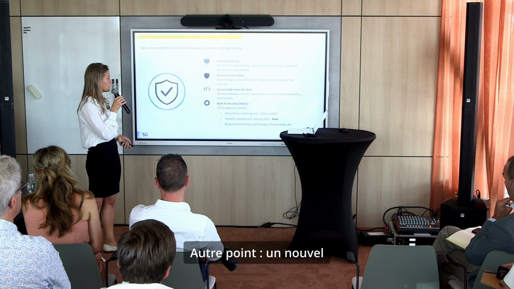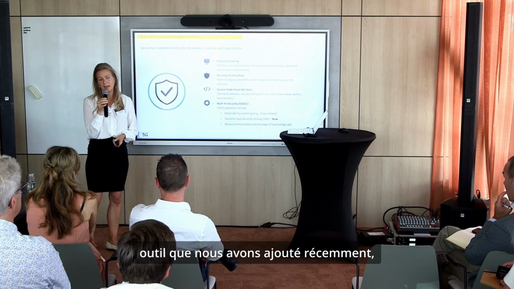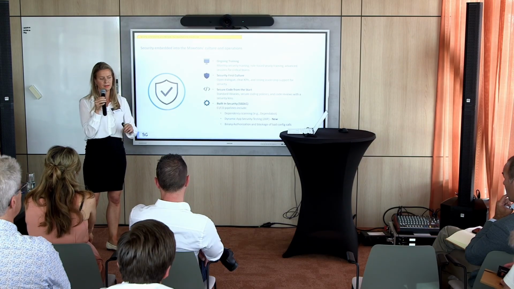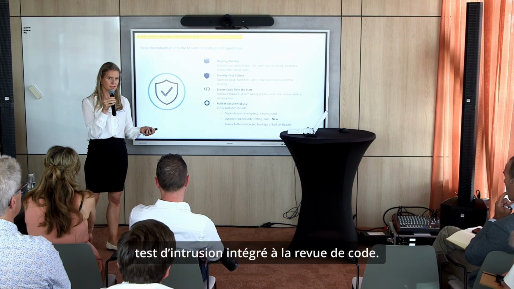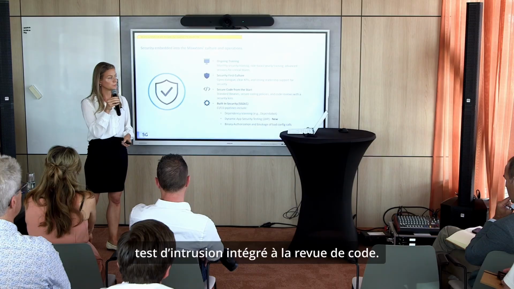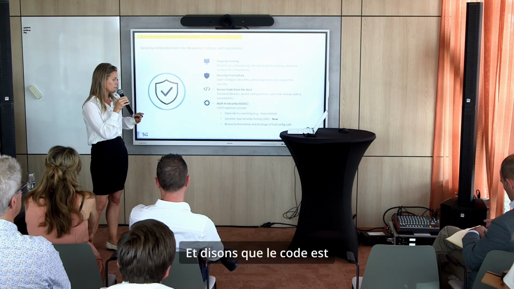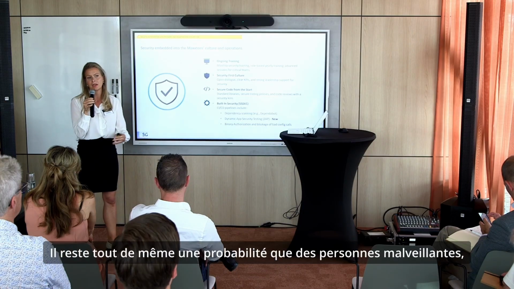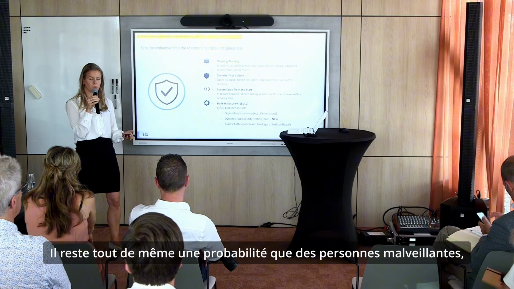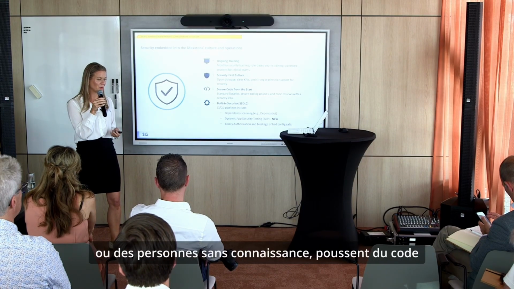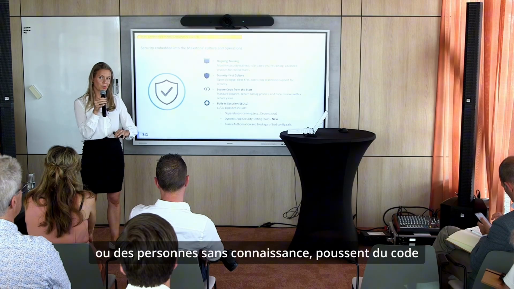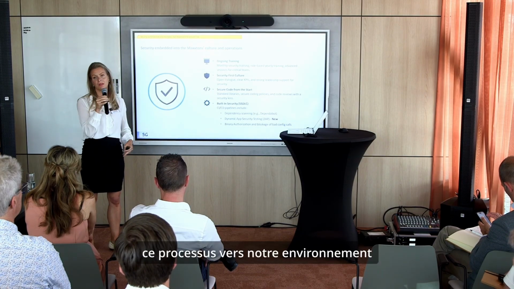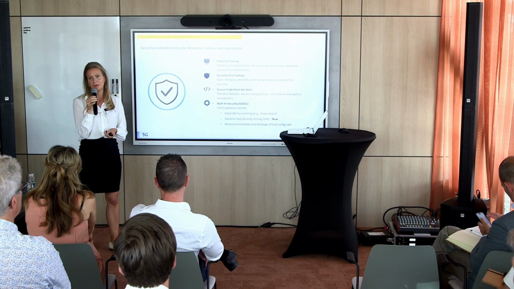Another thing is a new tool we have added lately, which is called SAP. And that is a small penetration test in the code review. So say the code is perfect and everything is good, you still have a likelihood of mean guys or people without knowledge pushing code which hasn't gone through that process into our software and environment.